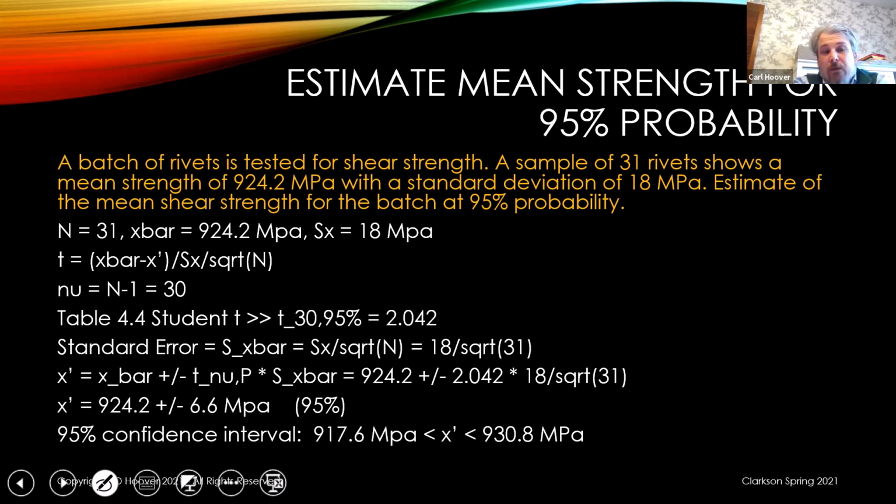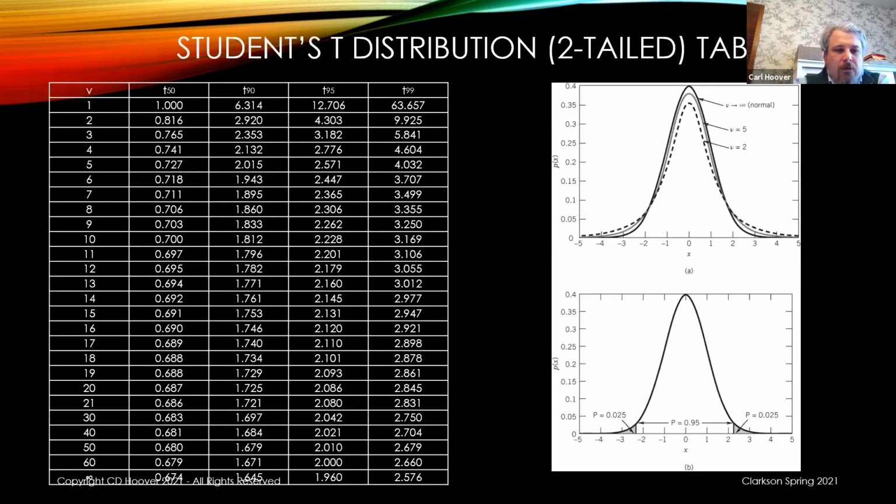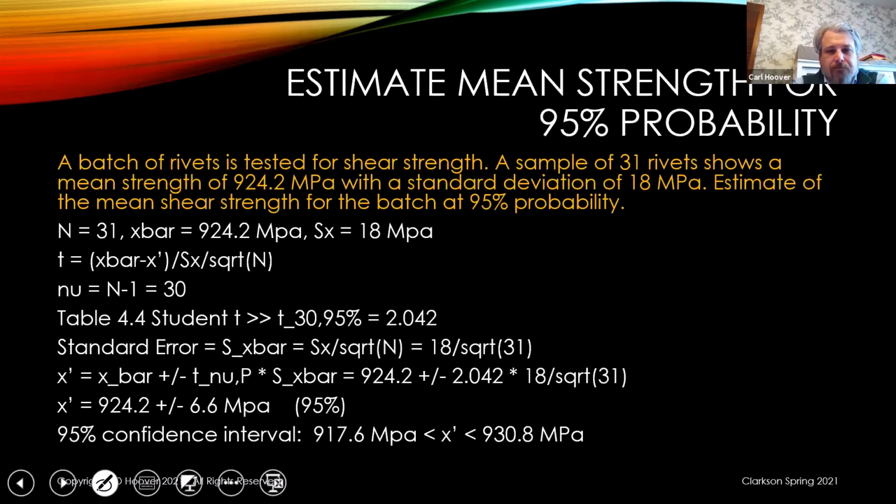First we use table 4.4, go back to student's t for nu of 30 and 95%. Let's find that. Nu of 30 and 95%. 2.042. Yeah, 2.042, right here.